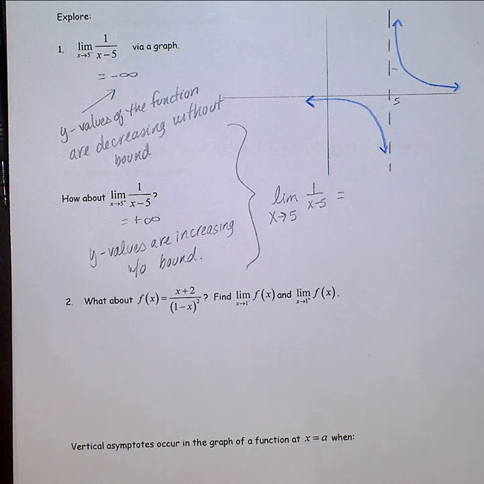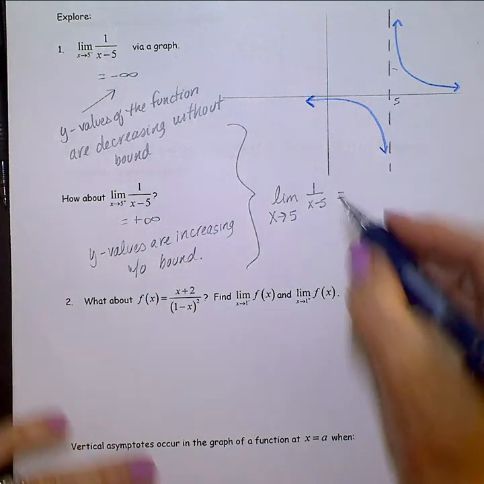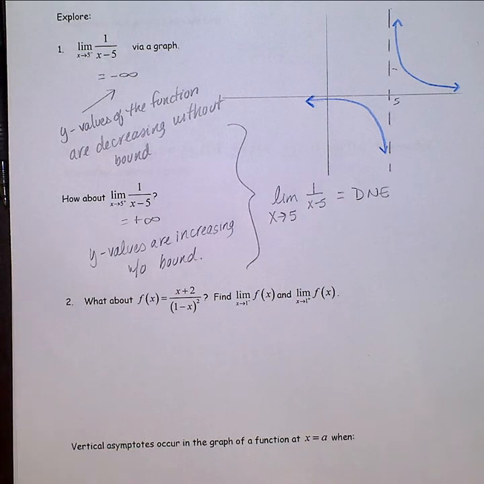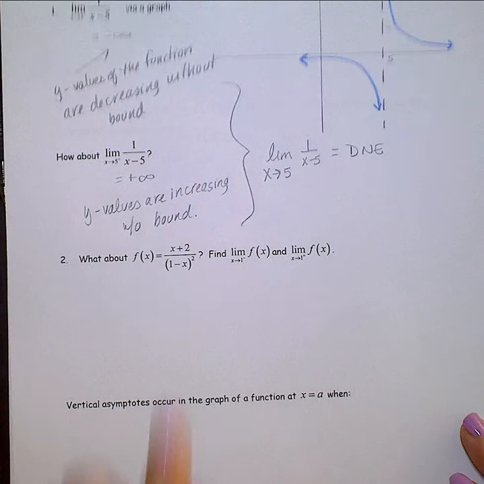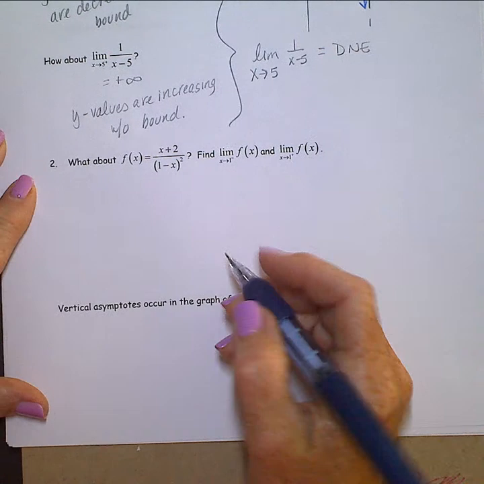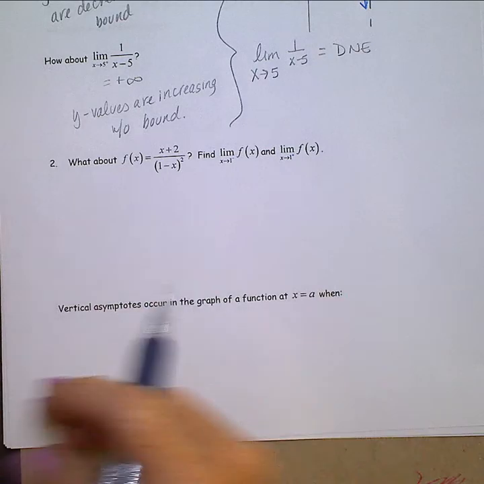No, one's going up, one's going down, so this limit does not exist. Okay, so far? All right, look at this next one. Go ahead, type this one up in your calculator. And then we're going to sketch that graph as well.